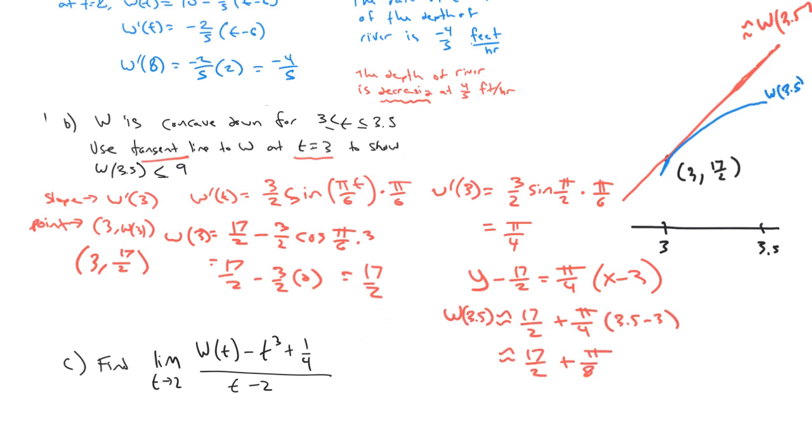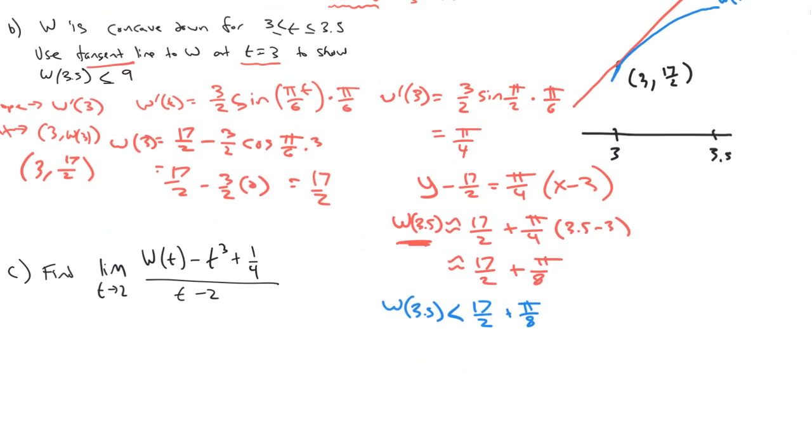So now this last part uses a little number sense. We already know that my estimate here, the W of 3.5 approximation, is an overestimate. So I know the actual W of 3.5 must be less than 17 over 2 plus pi over 8.